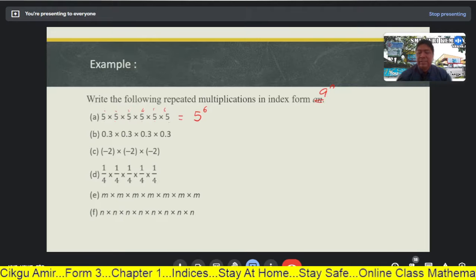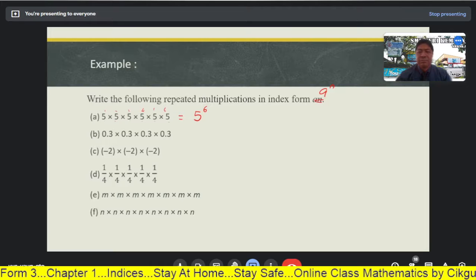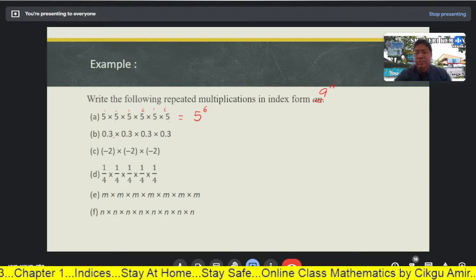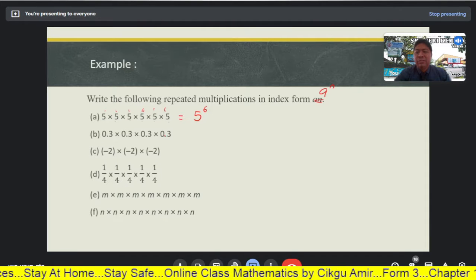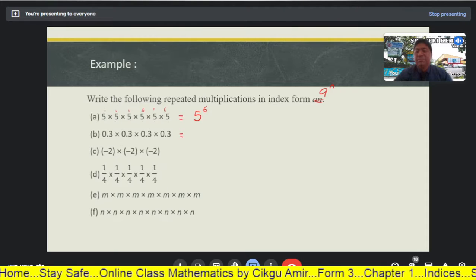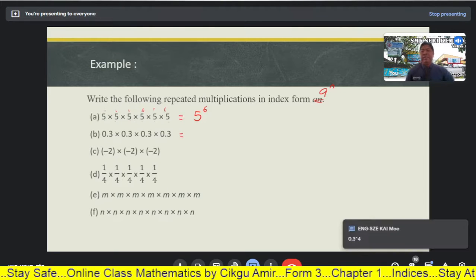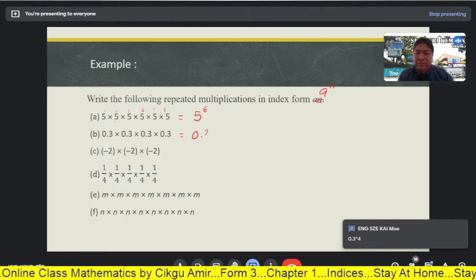Second example. 0.3 multiplied by 0.3 multiplied by 0.3 multiplied by 0.3. The base here is 0.3.